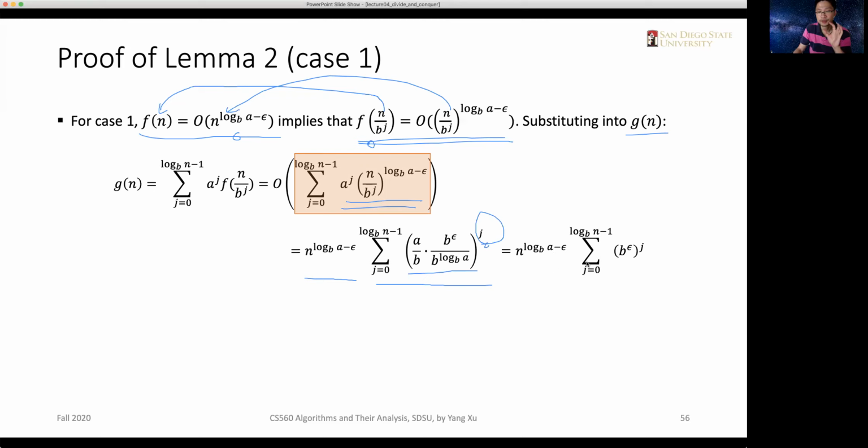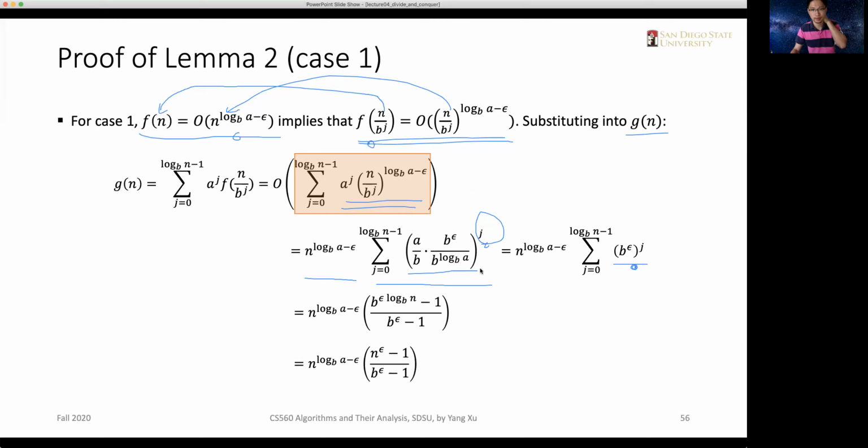With some further simplification, we have a much simpler form with b to the power of epsilon j. The summation of a geometric series can be replaced by the formula. We know the formula for the summation of a geometric series, and it's again in this form.